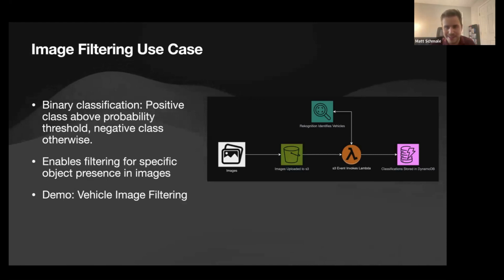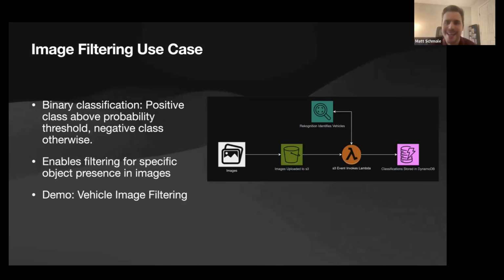So basically, it's kind of the hot dog, not hot dog problem. Does a picture contain a vehicle? Does it not? It would have a lot of practical usages if you have a system where you want to make sure that an image contains a certain thing, and a lot of images are uploaded that are just bad images or contain not what they are supposed to.